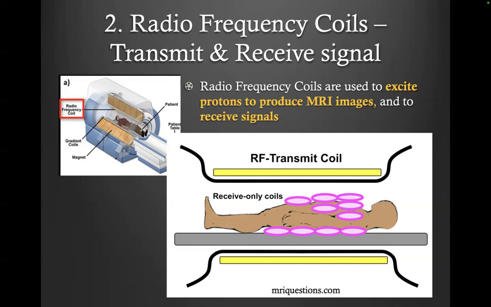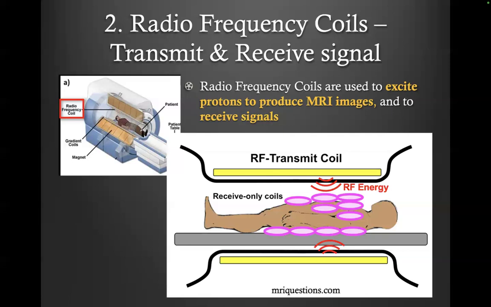The reason is you want to minimize the distance from your receiving device to the human body, which is emitting all these MRI signals, because the shorter the distance, the better the signal and the less noise.